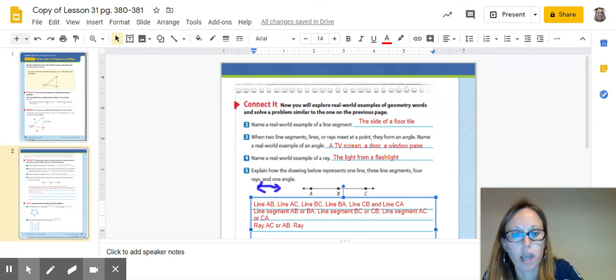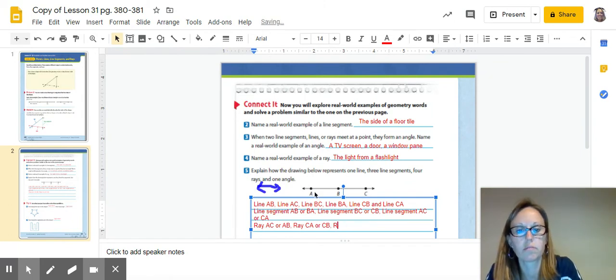So it's either ray AC or you call it ray AB because it continues to go on. Then we have ray CA or CB, because it goes across this direction. Then you have ray BC and ray BA. Okay, so that's your 4 different rays.